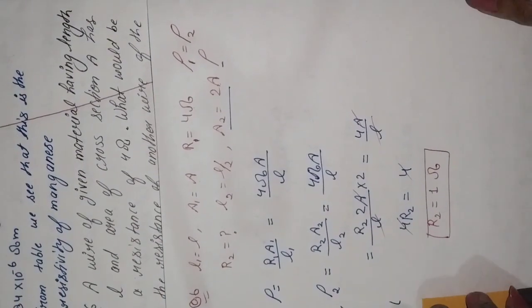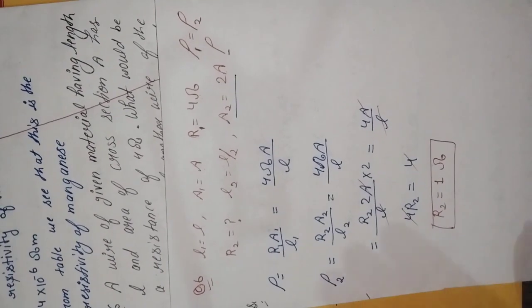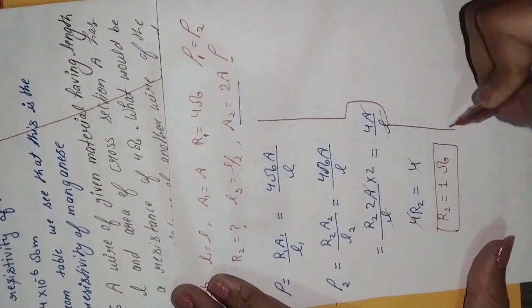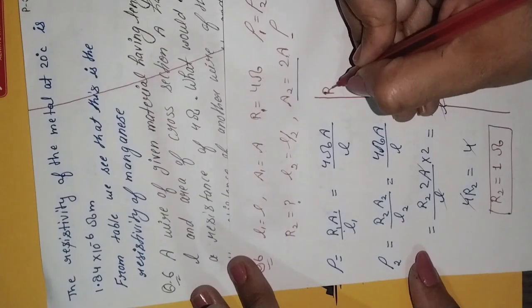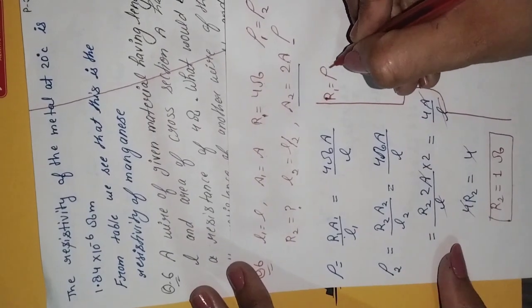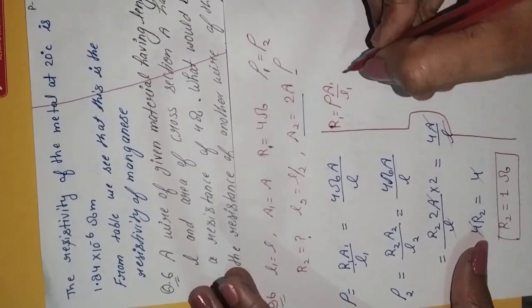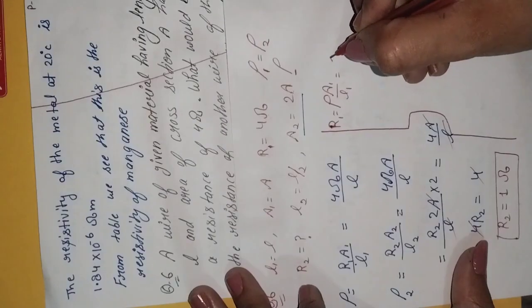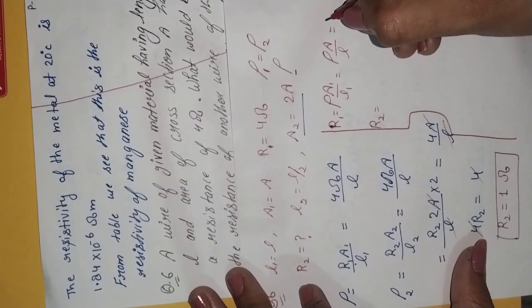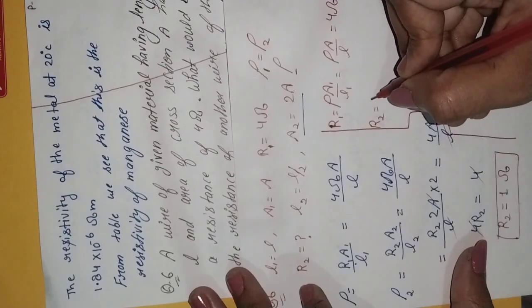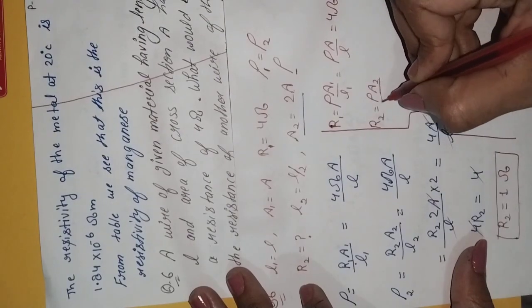If you did not understand this question by this method, then as an alternate, you can find the formula. You can make the formula from here. R1 is equal to rho A1 over L1. The value of A1 is A, so rho A by L, which is equal to 4 ohm. R2 is equal to rho A2 by L2.